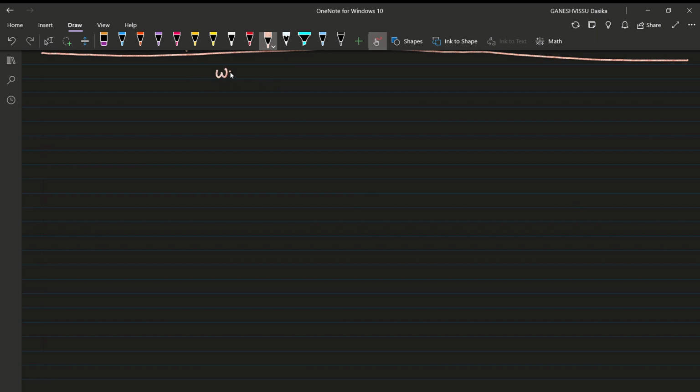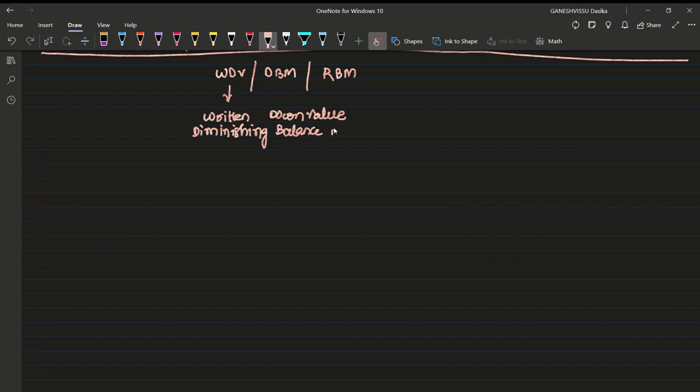written down value, or WDV, or diminishing balance method, or reducing balance method. I write the abbreviations here: written down value, or diminishing balance, or reducing balance method.